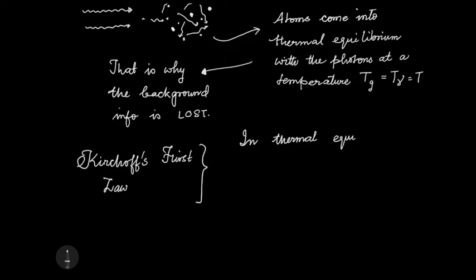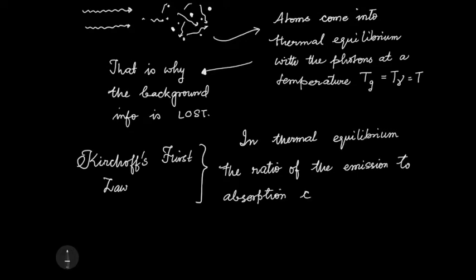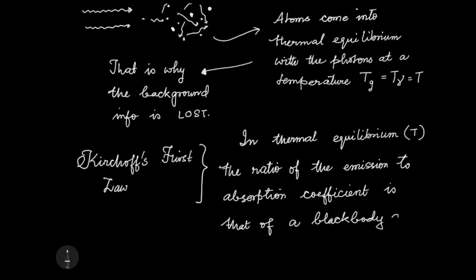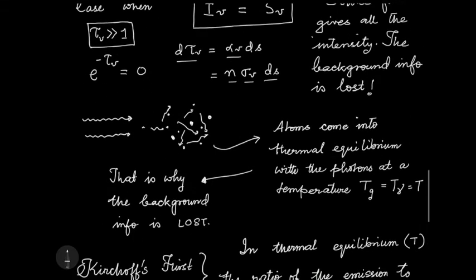In thermal equilibrium, the ratio of the emission coefficient to the absorption coefficient at temperature T is that of a black body at that temperature. So it only depends on that temperature.